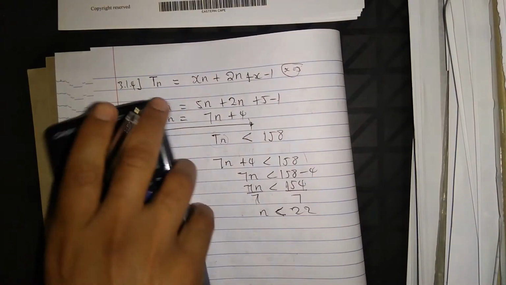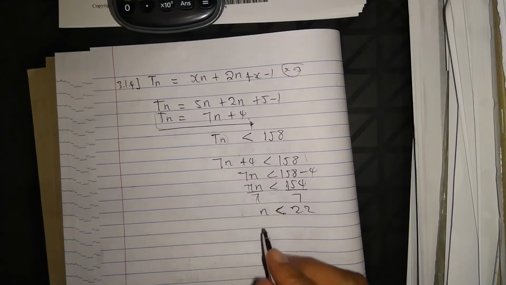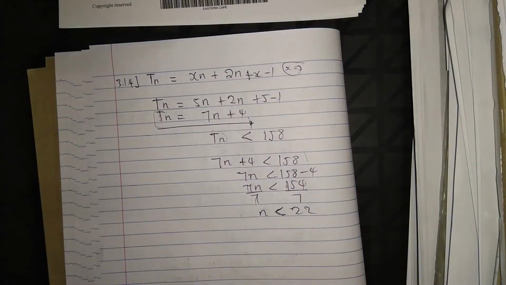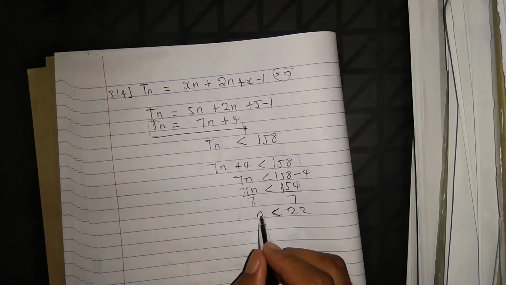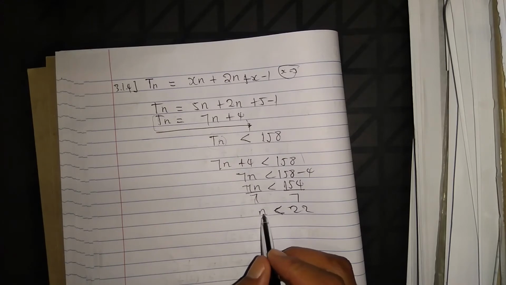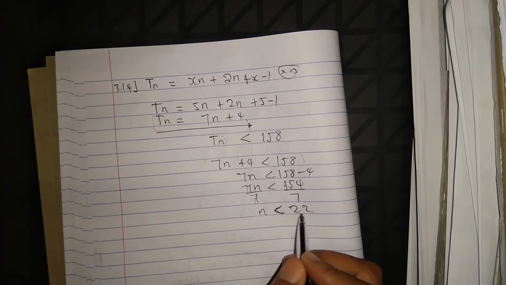So n is less than 22. So what's the largest value of n for which this is true? It's any value of n that is less than 22.